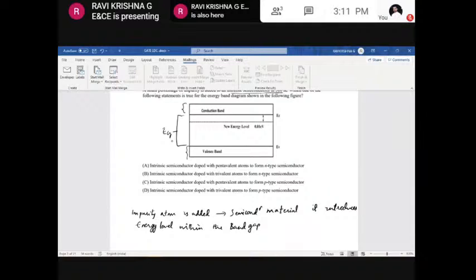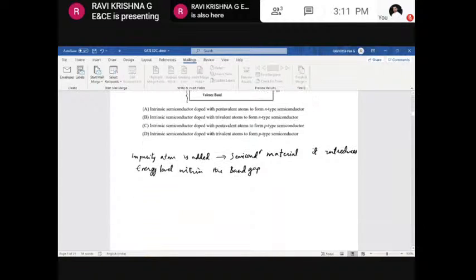Impurity means basically we can add donor atoms or acceptor atoms. If we add the donor atoms into the intrinsic semiconducting material, that leads to N-type material.